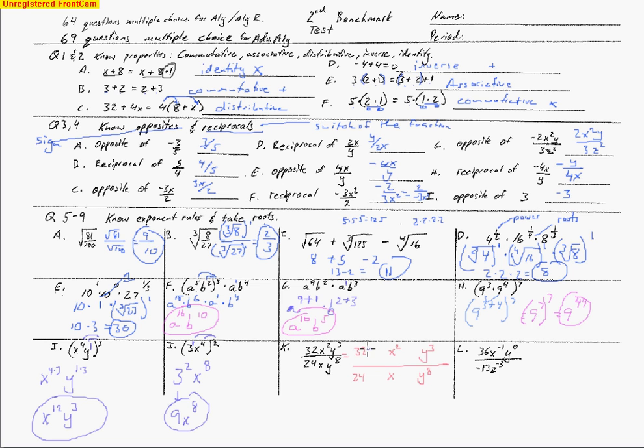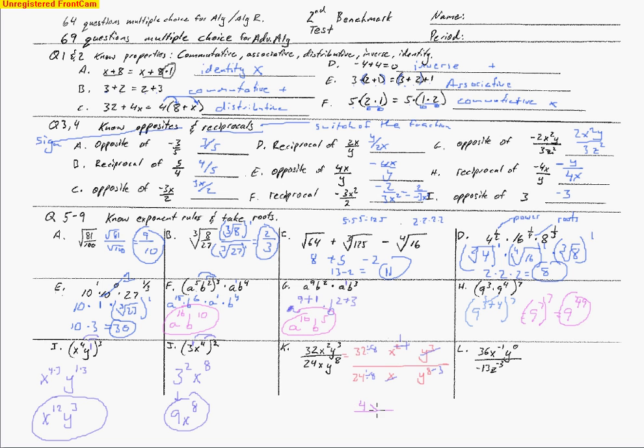I see 8 goes into these numbers, so I'm going to divide both the top and the bottom by 8. And then I'm going to cancel out 1x here, take away 1 from the top, leaving me just with 1x on top. Take away these 3 y's and 3 y's from the bottom. Let's see what's left over. So I've got 32 divided by 8 makes 4. And let's write down how many x's we have.